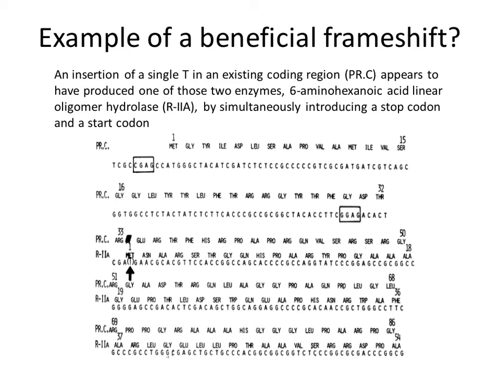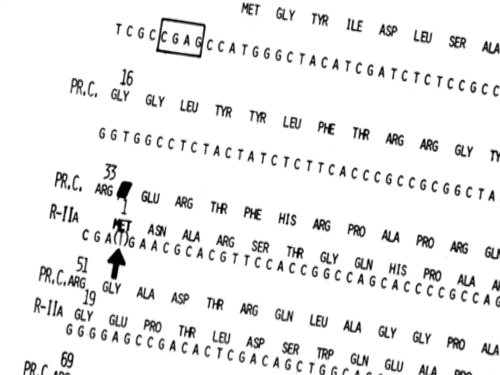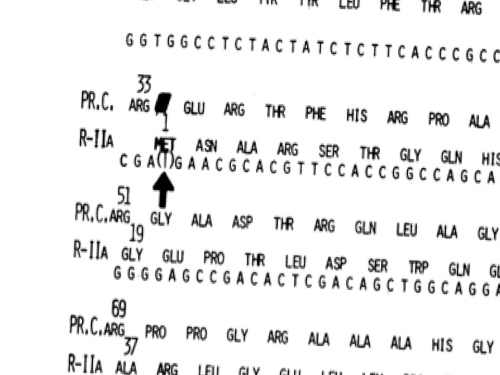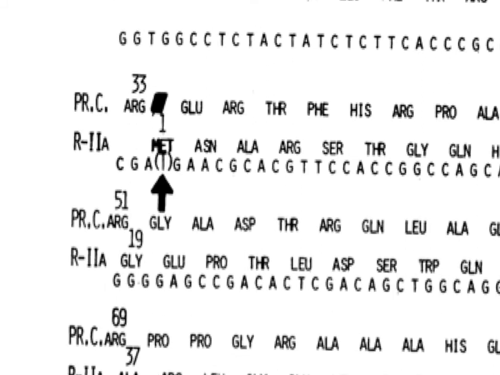One base pair. Way less work in terms of how evolution normally works. Way less work than you might predict. The addition of one nucleotide. That's what the black arrow is.